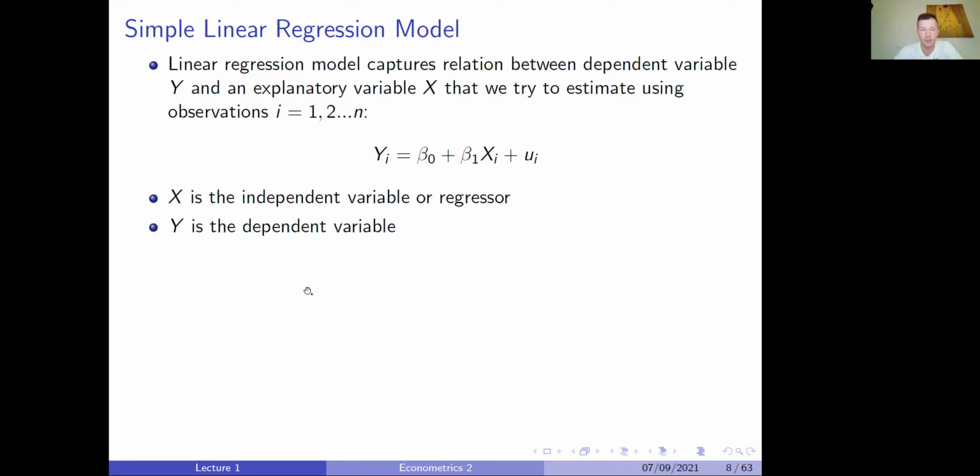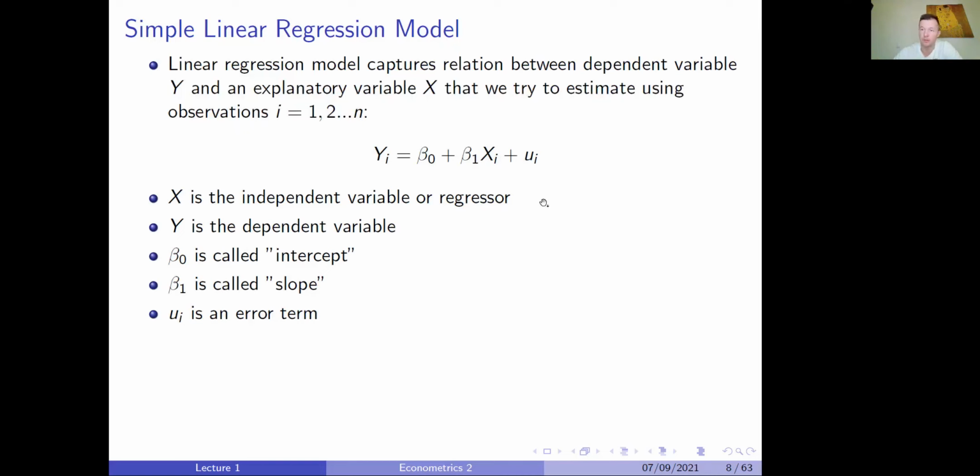We call y dependent variable. Beta 0 is called intercept. Beta 1 is called slope because it defines the angle of a line when we want to draw this relationship graphically. And ui is an error term.